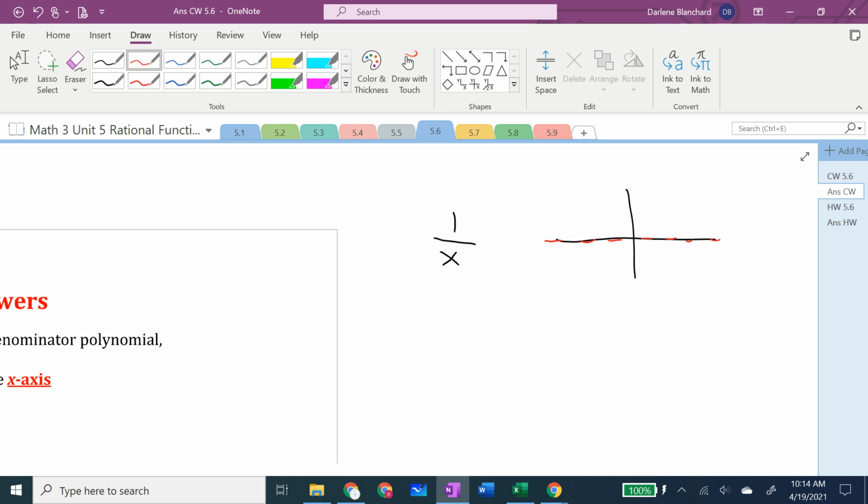Because what I want you to look at is 1 over x is a polynomial that is degree 0 over a polynomial that is degree 1.